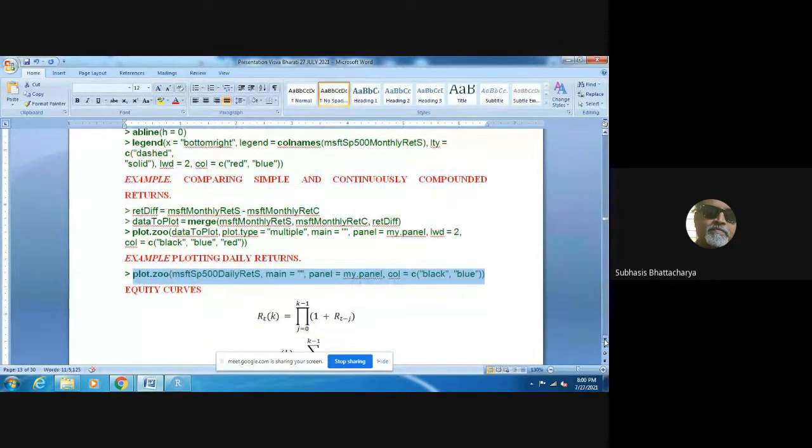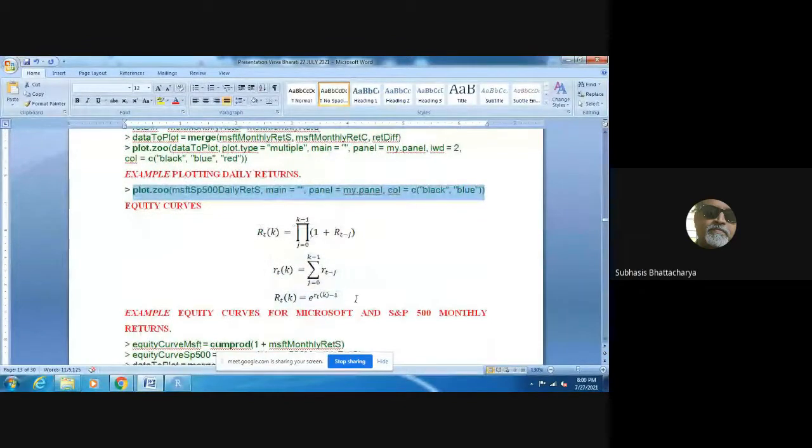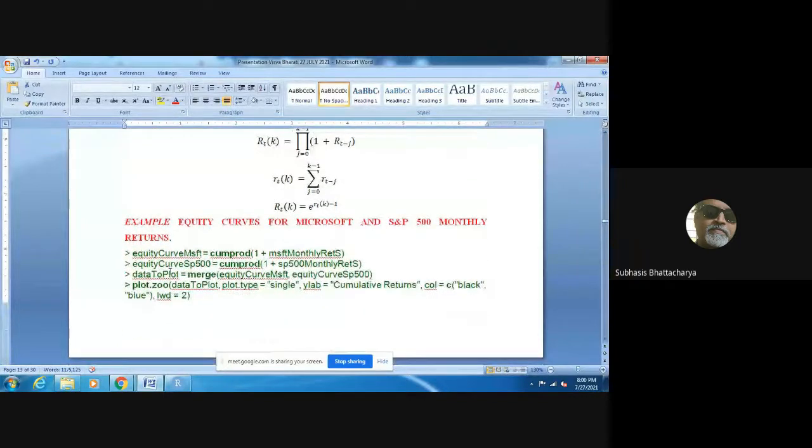So to derive the equity graph, we consider the equity curve formula, and in the case of continuously compounded interest, these things apply.